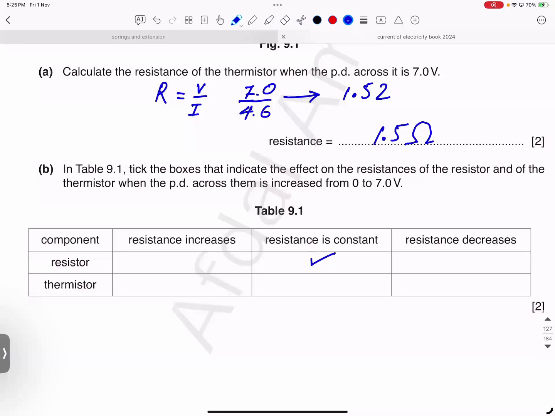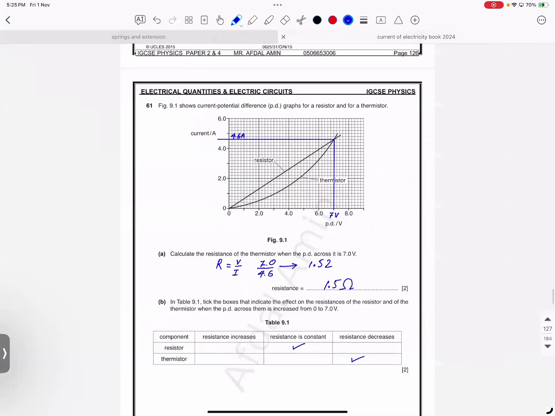One is metallic conductors, filament, heater, lamp. More temperature, more resistance. Thermistor is a semiconductor. It's a heat sensitive device. So for thermistor, if temperature is more, the resistance will be less. This is the graph you asked me today. As it is increasing, yeah.